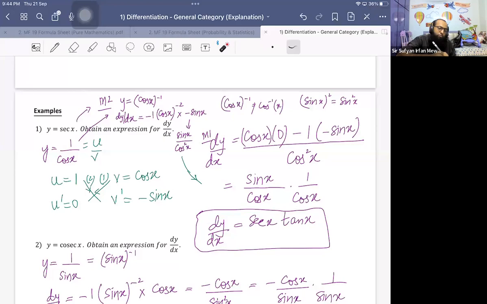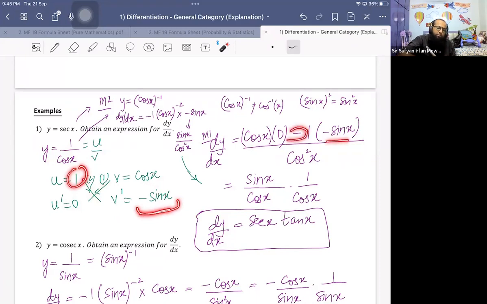And then we apply the quotient rule, v multiplied by u prime minus u multiplied by v prime upon v square, the square of cos x. So if we multiply v by u prime, cos x multiplied by 0. Then if we multiply u by v prime, 1 multiplied by negative sine x.